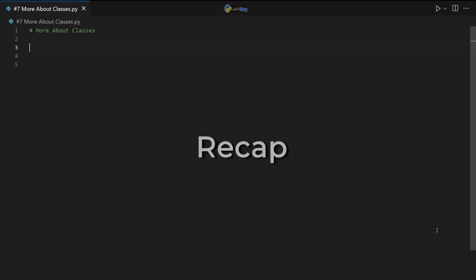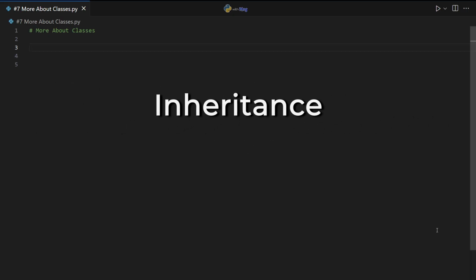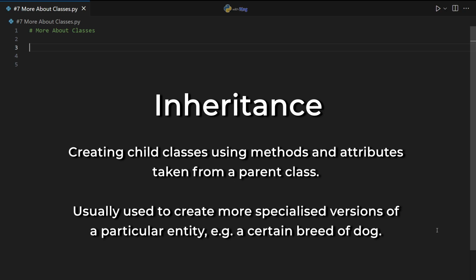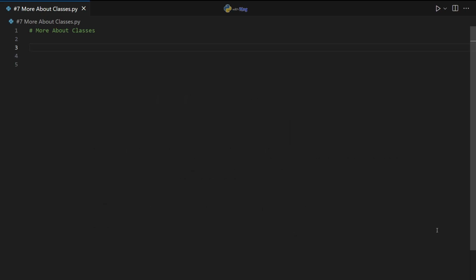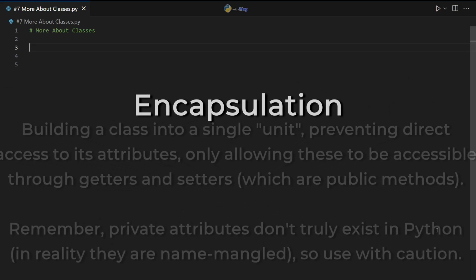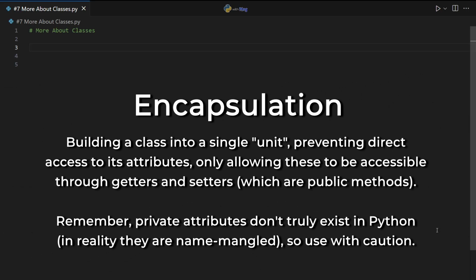Alright, let's recap all the 3 different functions of classes now. So, inheritance is where you create child classes from a single parent class, and child classes will inherit the methods and attributes from the parent. And remember, private attributes cannot be inherited. Encapsulation is building a class into a single unit with private attributes and methods. These can't be directly accessed, remember, so they can only be accessed from outside the class by using public methods.